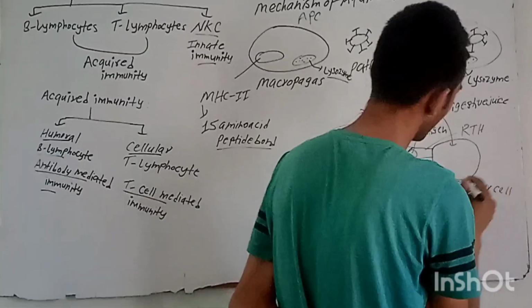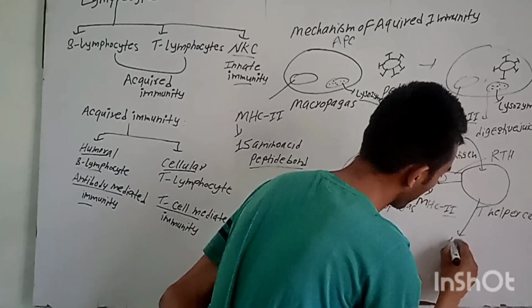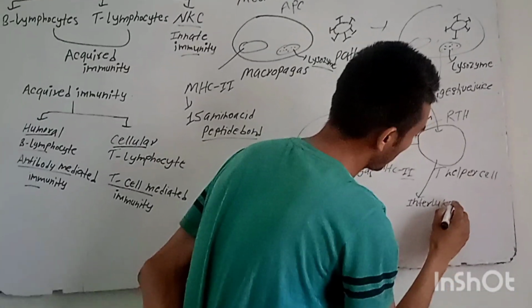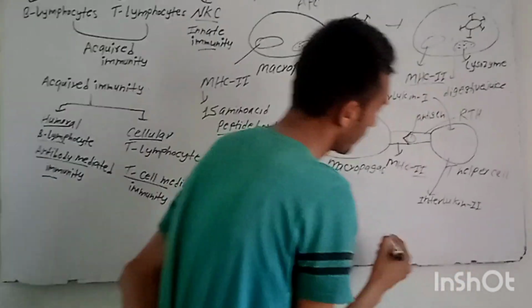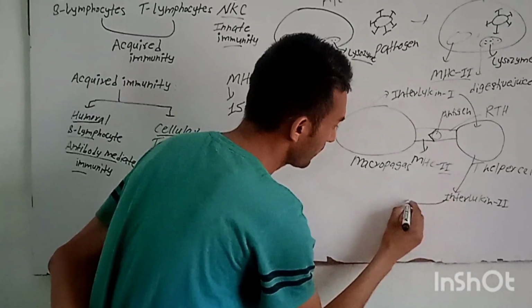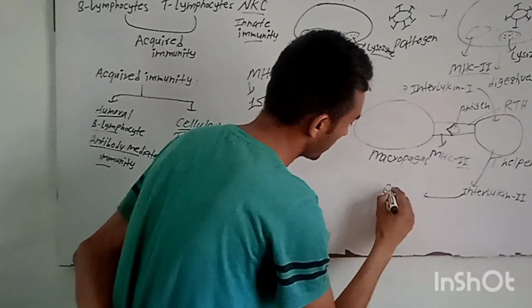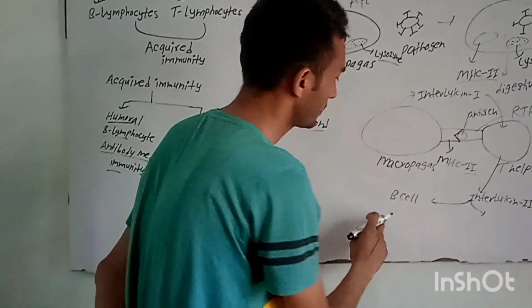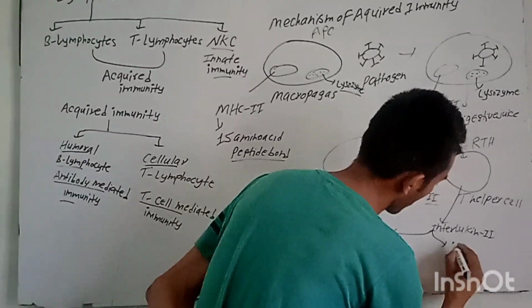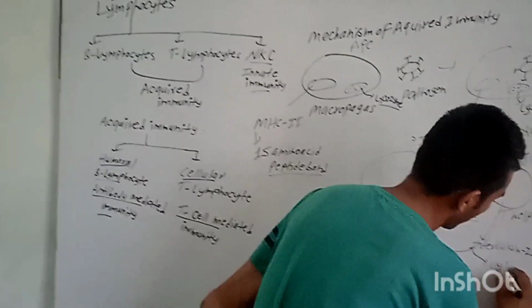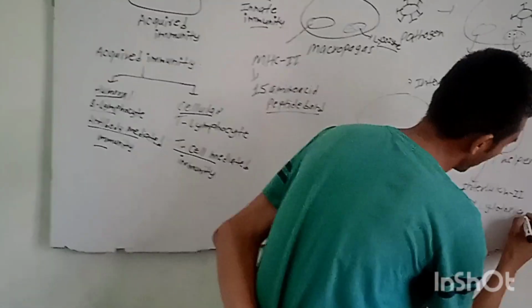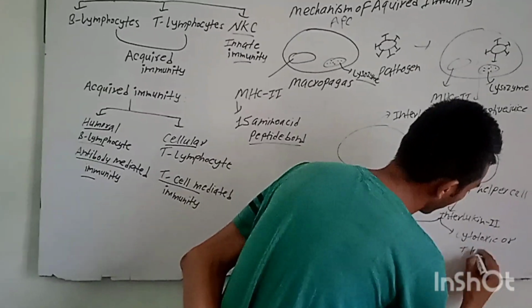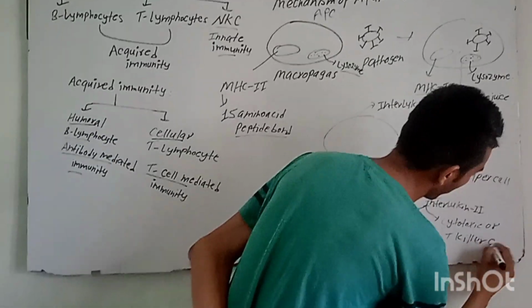Then the T helper cell produces interleukin second, which propagates the B cell and the cytotoxic or T killer cell.